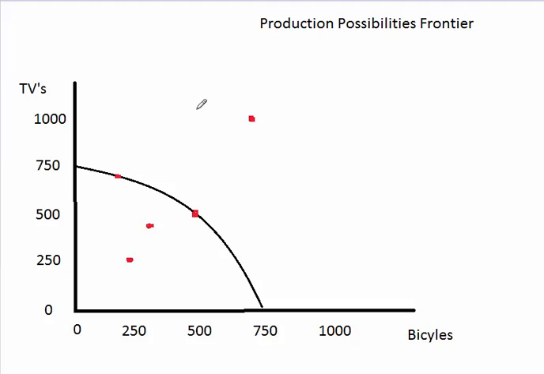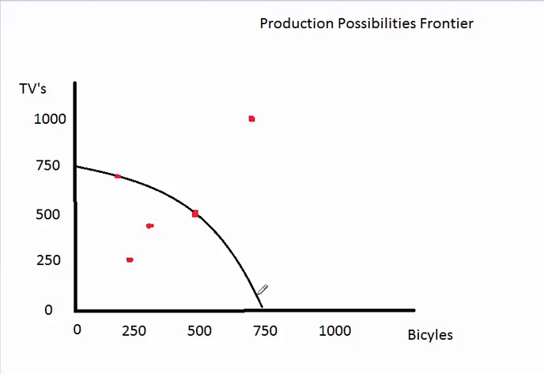Next, we're going to see what happens if there is a change in say technology or resources or something like that. So let's say that the technology of TVs increased, and this nation can now, because of this, create TVs at a faster rate.